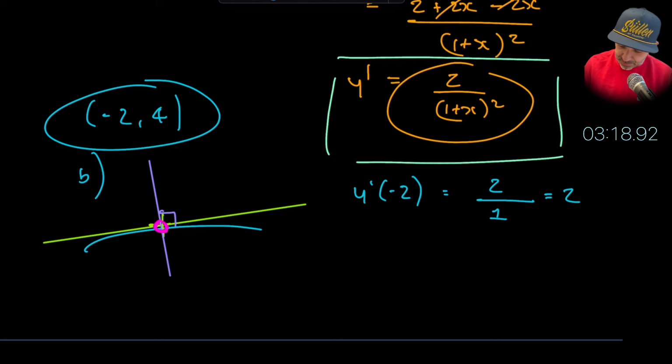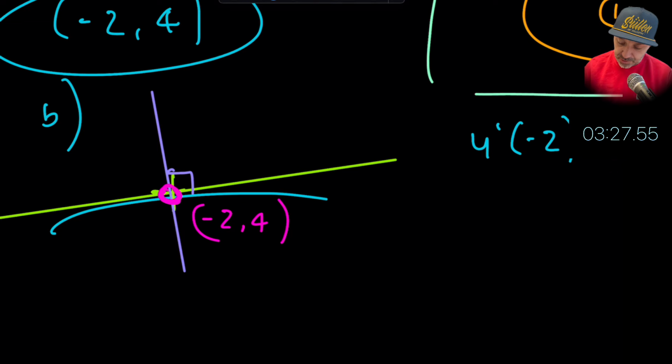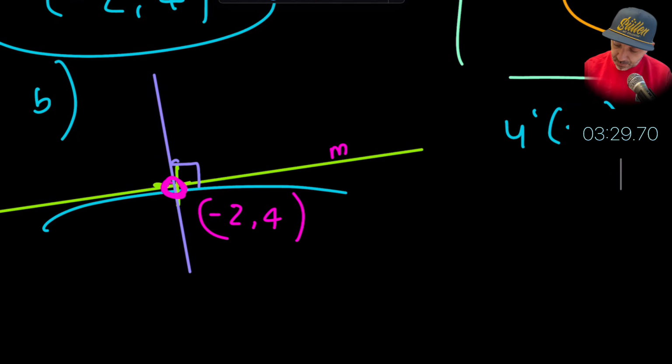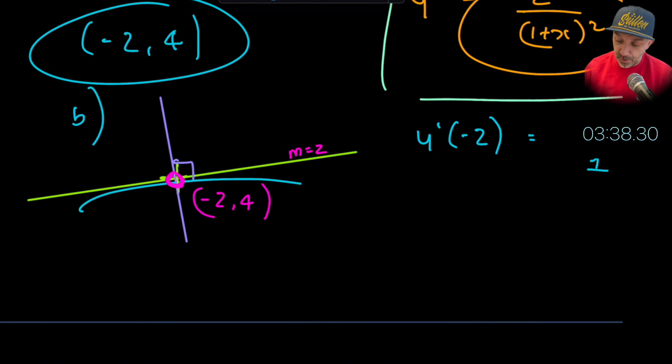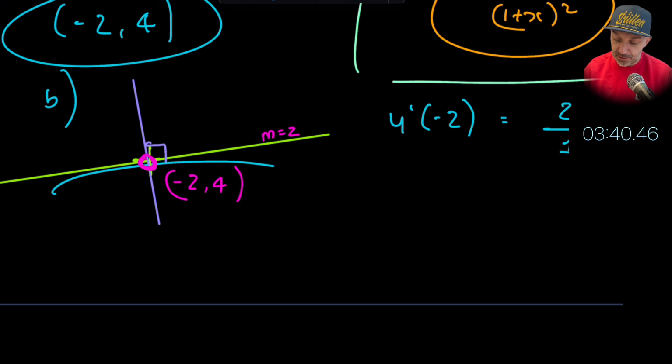Let's pretend as though this is -2, 4. Okay, has a gradient of 2. Now, this is just purely a sketch so you can understand what's going on. I'm going to write down m is equal to 2. So essentially what we've done is we found the gradient at a given point on the curve at -2, 4. The gradient of that tangent is 2.